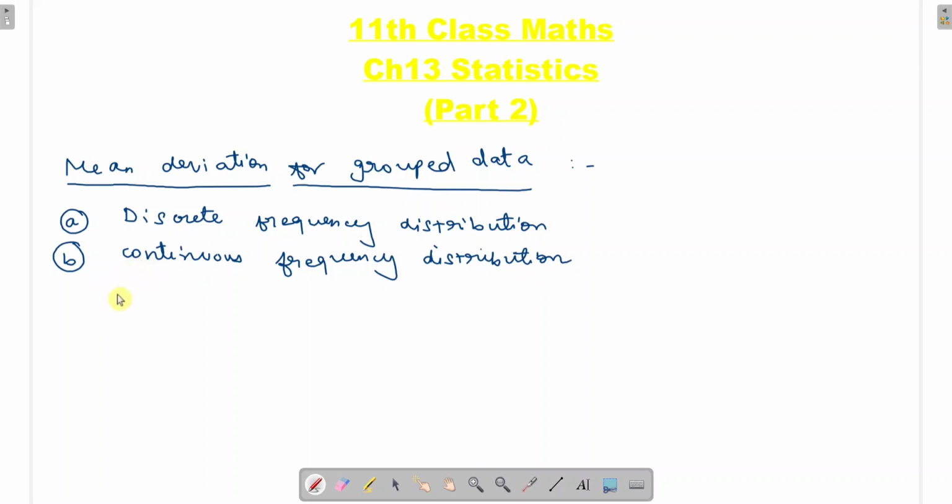First we will look at the discrete frequency distribution.